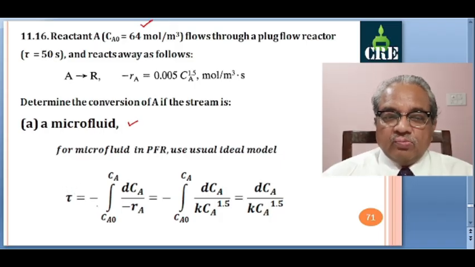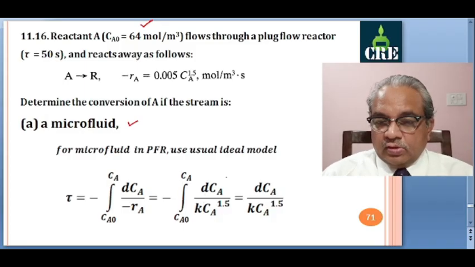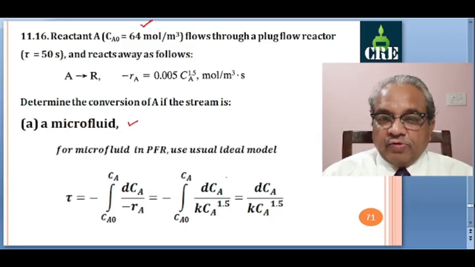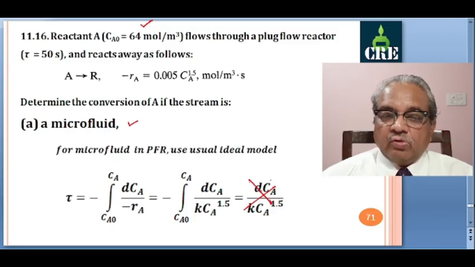So tau, our model, is minus integral Ca0 to Ca of dCA by minus Ra. Minus Ra is K Ca raised to 1.5. We have to solve minus integral Ca0 to Ca of dCA by K Ca raised to 1.5.